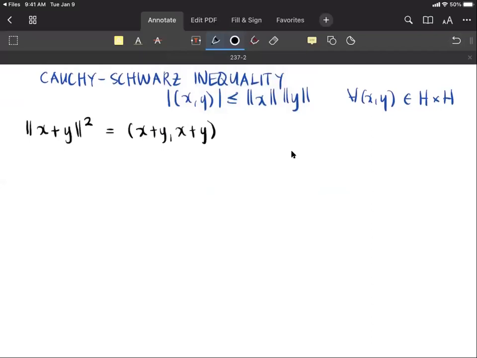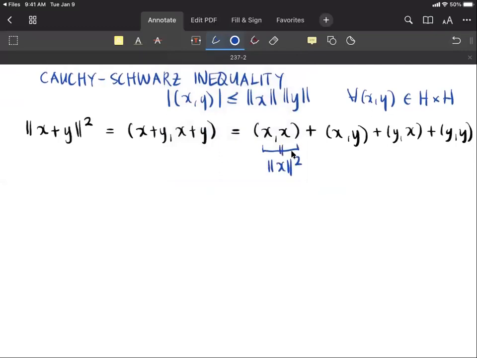Now, if you apply linearity with respect to the arguments, you have the following terms. Here, by definition, this is norm squared.